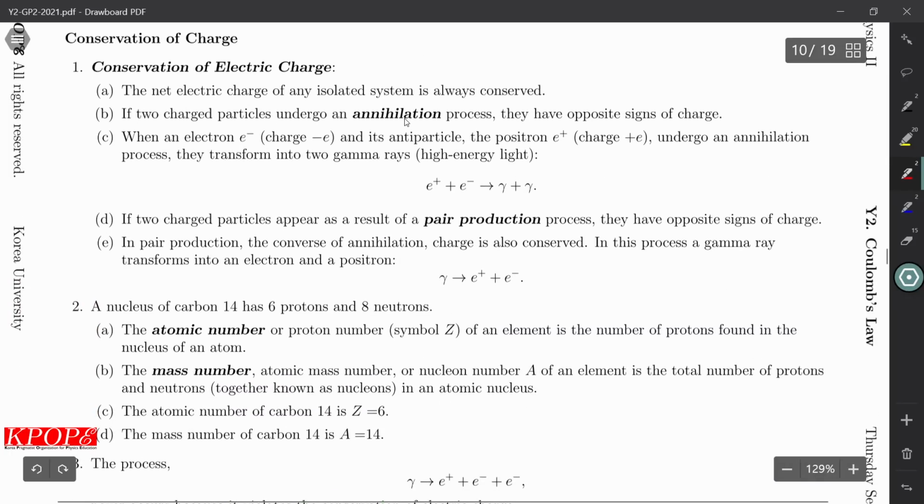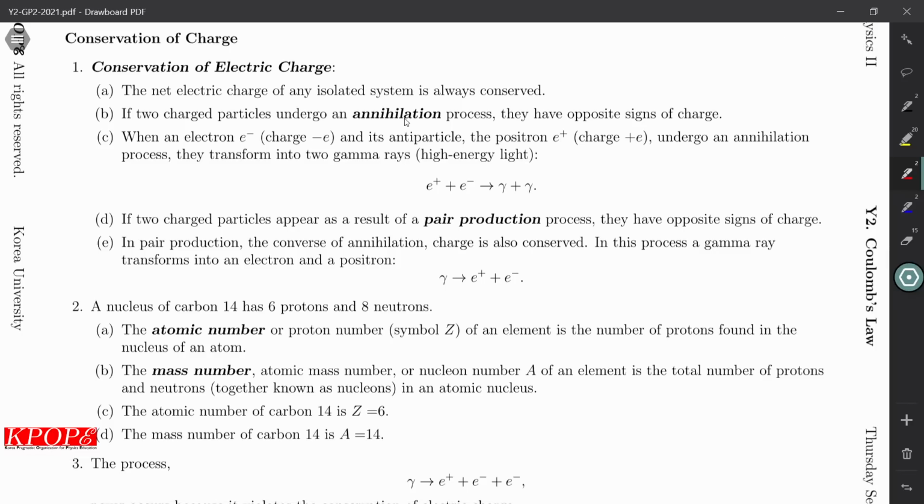Conservation of charge. Assume that any matter consists of nuclei. A nucleus is made of protons and neutrons, and hadrons such as the neutron and proton are composed of quarks.